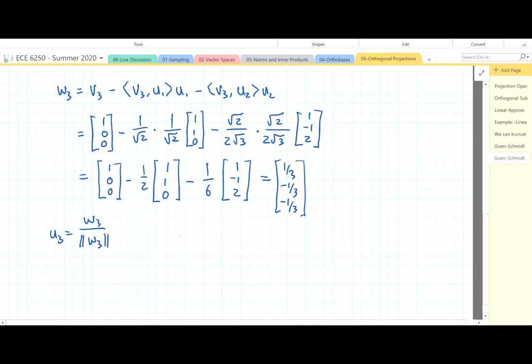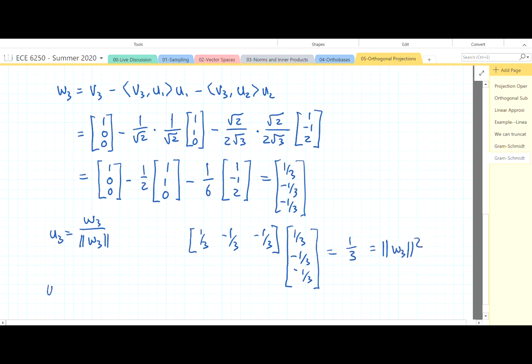I'll push through just for completeness' sake. 1/3, minus 1/3, minus 1/3 times 1/3, minus 1/3, minus 1/3 is going to be 3 times 1/9, or 1/3. So that's equal to W3 squared.